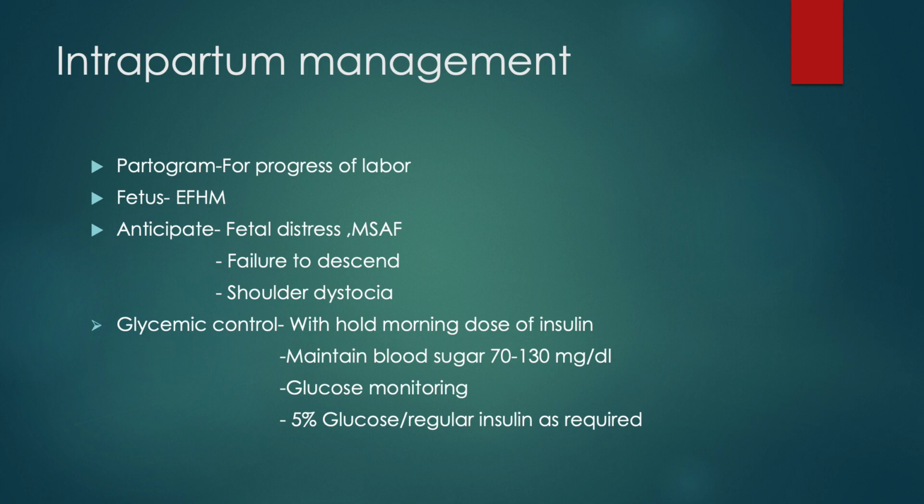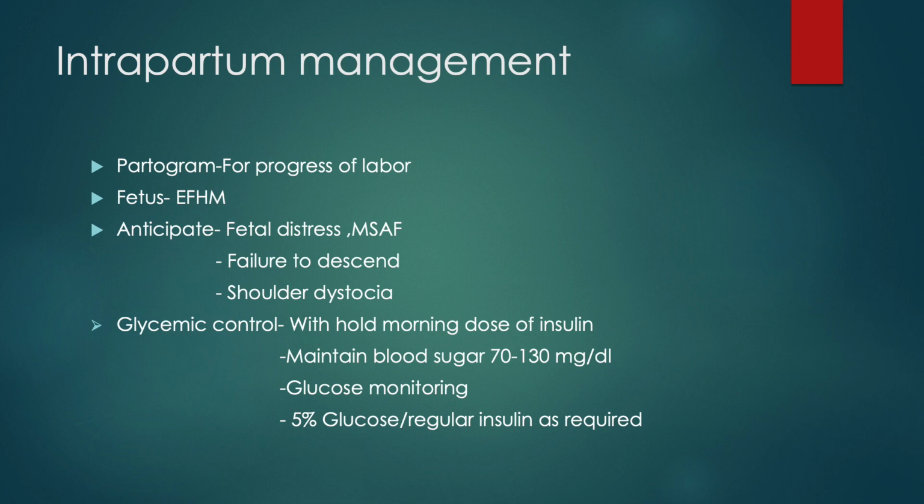And the glycemia or the blood sugar level should be meticulously controlled during labor. And we all know during labor there may be restriction of food intake. We don't prefer solid foods, and they may have an aversion to food, and there may often be vomiting.